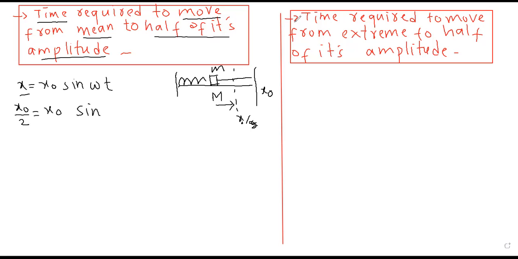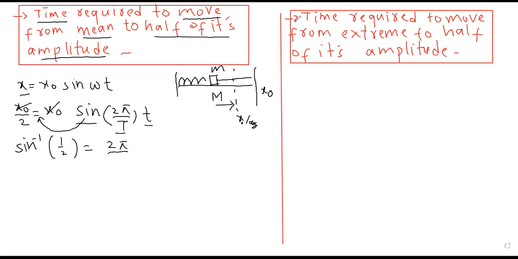The value of omega is 2 pi divided by capital T, multiplied by the given time which you have to determine. This capital T is the time period. Now x naught gets cancelled. Sine goes to the other side and becomes sine inverse. So it becomes sine inverse of 1 over 2, and it equals 2 pi divided by capital T multiplied by small t.